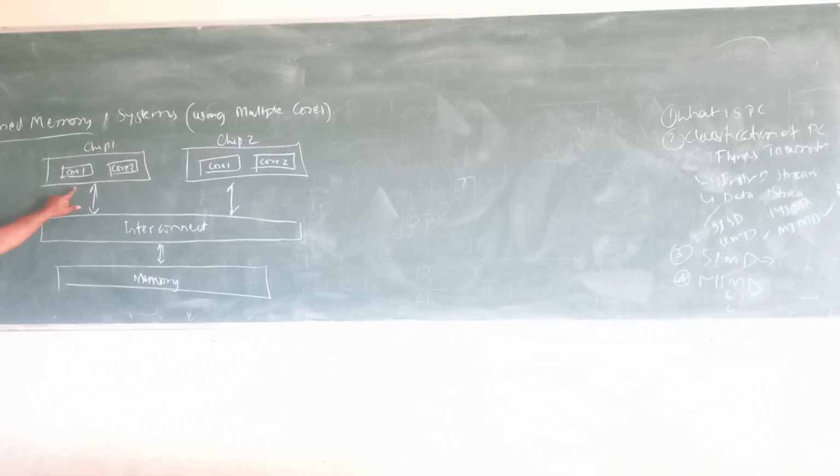But these cores have to access the memory through the interconnect. As the name suggests, these cores have private caches, and this cache cannot be shared with another core of any chip.